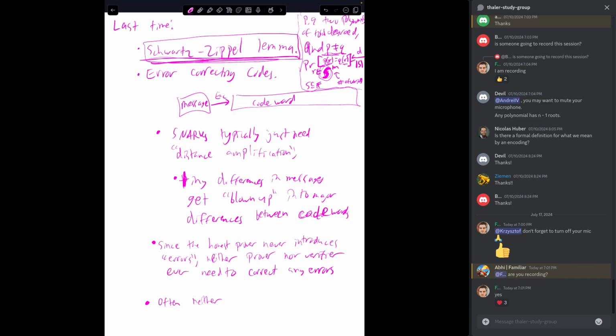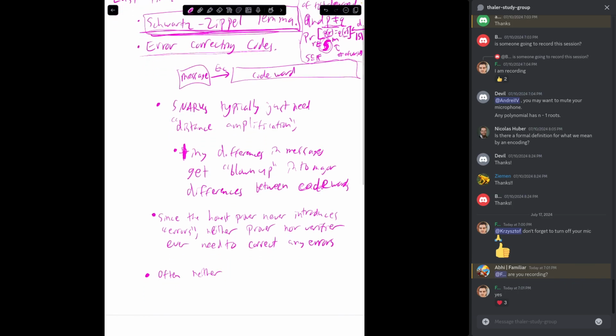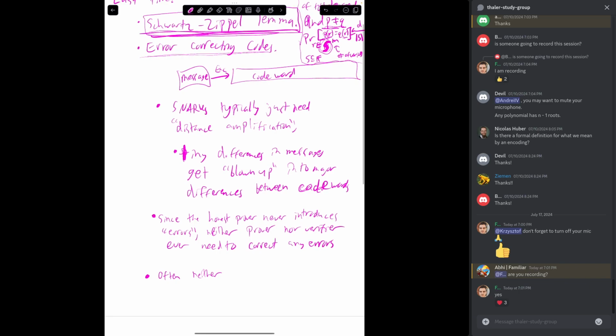And then we discussed error correcting codes and how they arise in SNARK design. Error correcting codes just map short messages to longer code words, and here ENC is for encoding. What SNARKs typically need, they don't really need error correction.